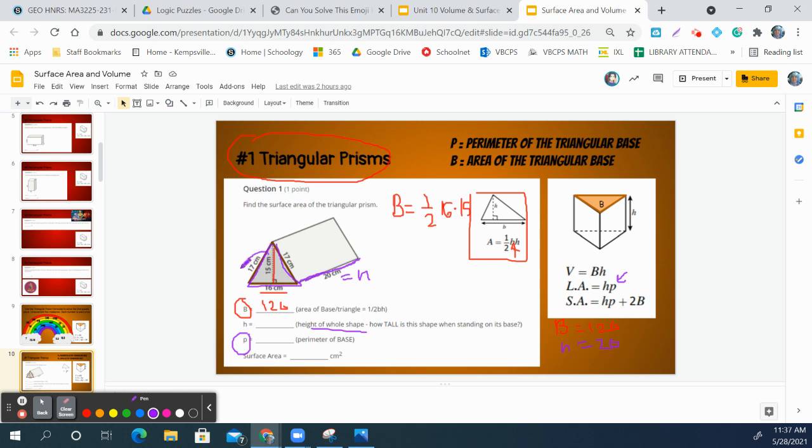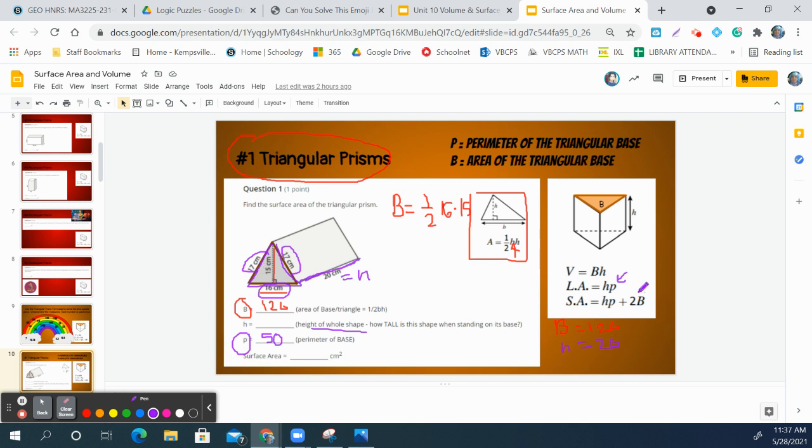So 17 plus 16 plus 17. So is that 30, 40? Is that 50? So that's the perimeter of that triangular base.